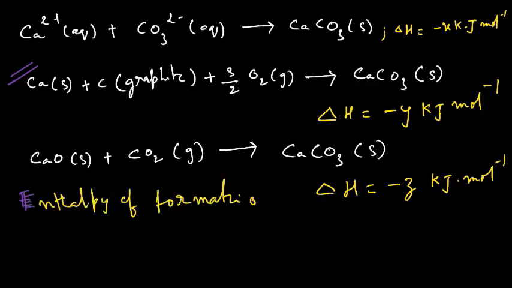So the enthalpy of formation of calcium carbonate is minus y kilojoule per mole. From this it is understood that if a compound forms from other compounds, then the enthalpy change involved is not the enthalpy of formation. For example, in the third equation, the enthalpy change is minus z kilojoule per mole. This is not the enthalpy of formation.